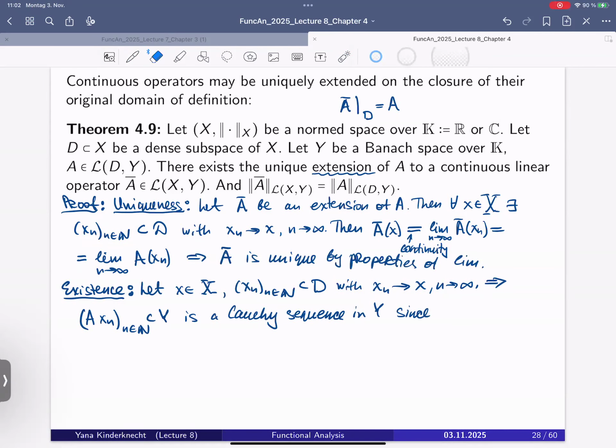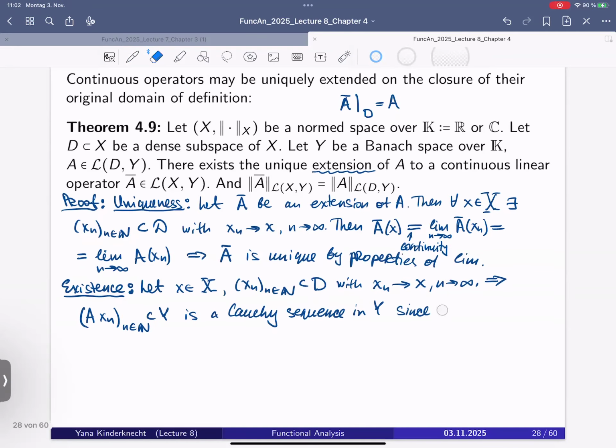We have mentioned it already: the norm of A of xn minus A of xm is smaller or equal than the norm of A times the norm of xn minus xm. A continuous linear mapping is Lipschitz.